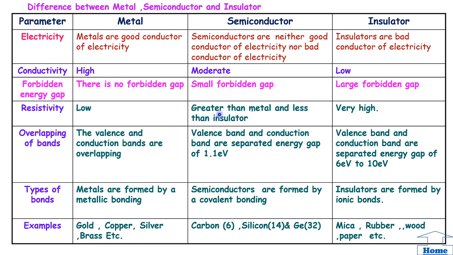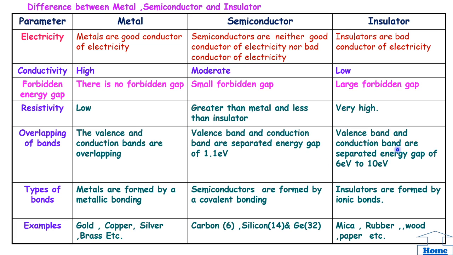Resistivity is low in metal, greater than metal and less than insulator in semiconductor, and very high in insulator. Overlapping of bands: the valence band and conduction band overlap in metals. In semiconductors, the valence band and conduction band are separated by an energy gap of 1.1 electron volt.